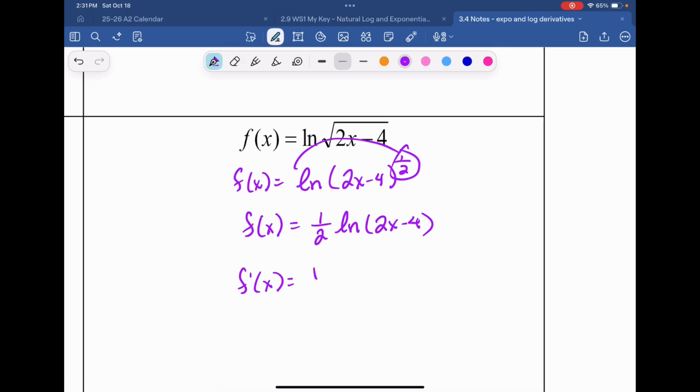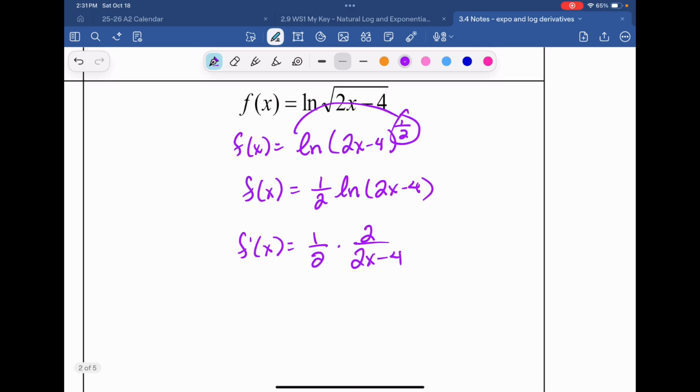So that coefficient doesn't really affect anything, so we're just going to keep it. So then derivative of the argument over the argument. 2 cancels 2. There's our derivative.